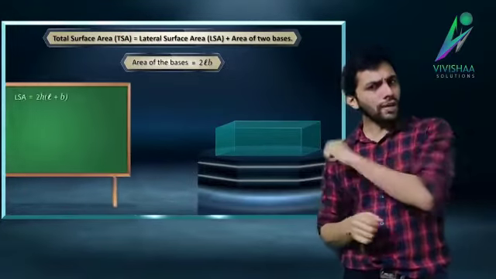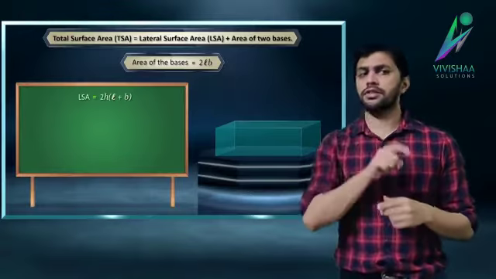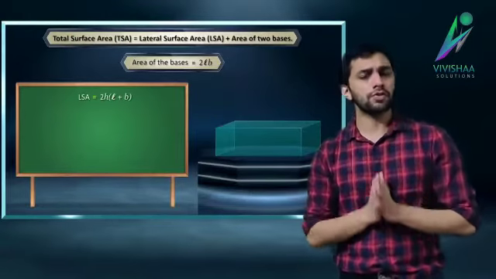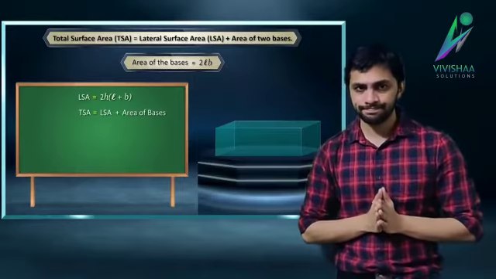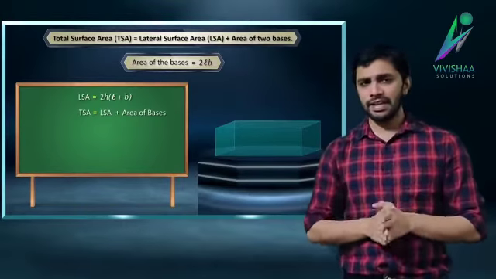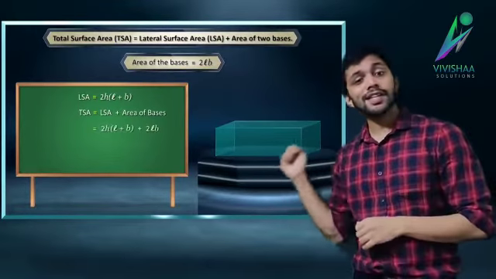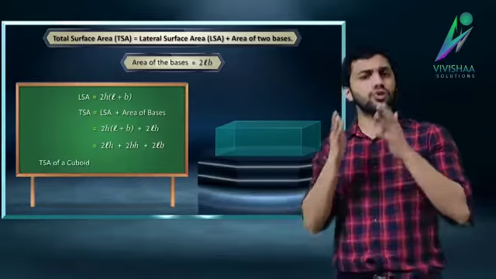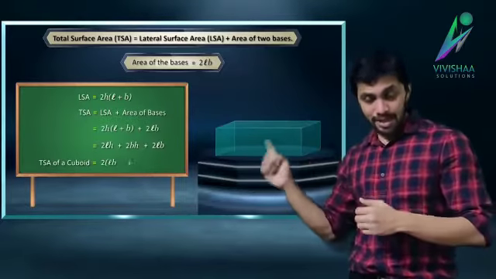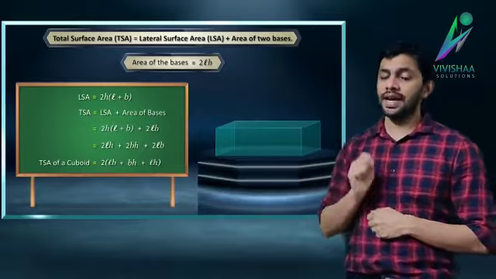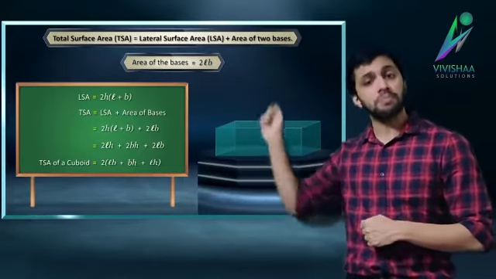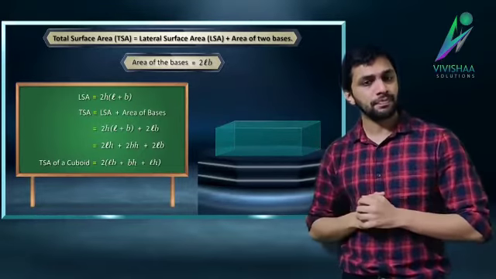We've already derived the formula to calculate lateral surface area. Now all we have to do is substitute these in the equation and simplify it. On simplifying, we get the TSA of a cuboid is equal to 2 into (LB plus BH plus LH). Once again, 2 into (LB plus BH plus LH).